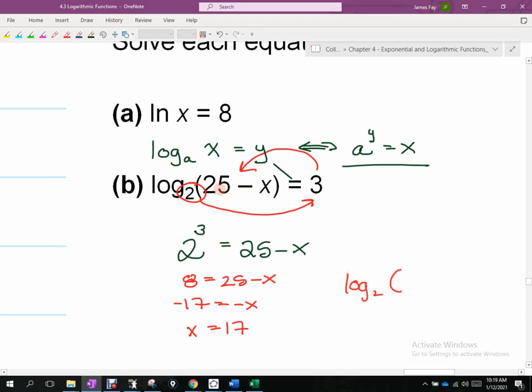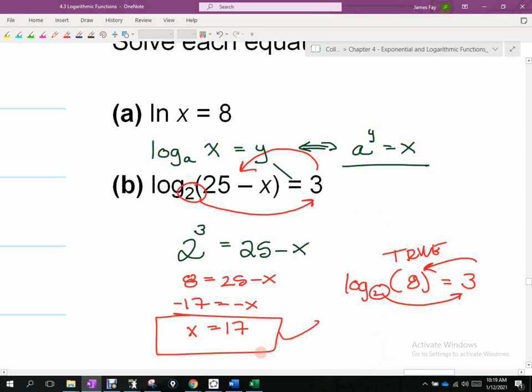If I put 17 in there, 25 minus 17 is 8, right? Is this true? Does 2 raised to the third power come back and give me 8? Yep. So 17 is my confirmed answer now. Does that kind of make sense on how to do that? That's not that bad, right?